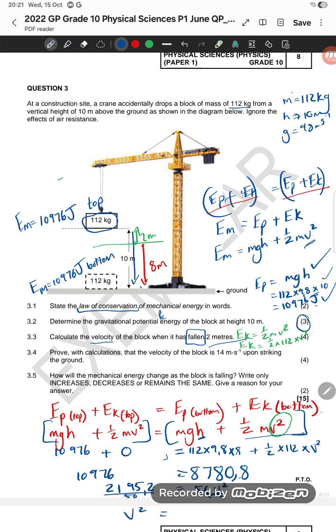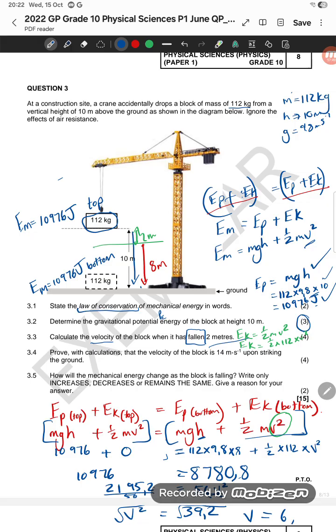So velocity squared is equal to 39.2. Sorry, I had a little thing here. I've got to square root both sides, and velocity is going to be 6.3.